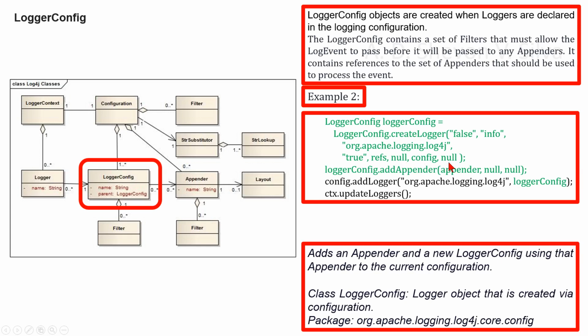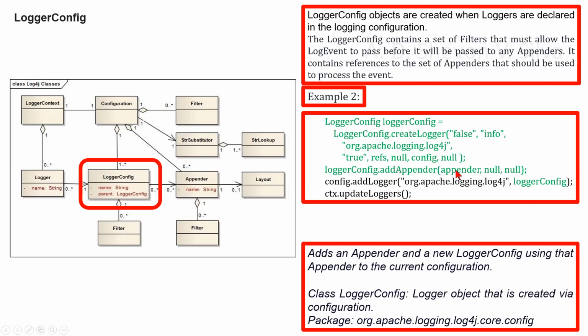This method is deprecated in 2.7. Use createLogger with the boolean value here, boolean for additivity. This addAppender method adds an appender to the LoggerConfig.